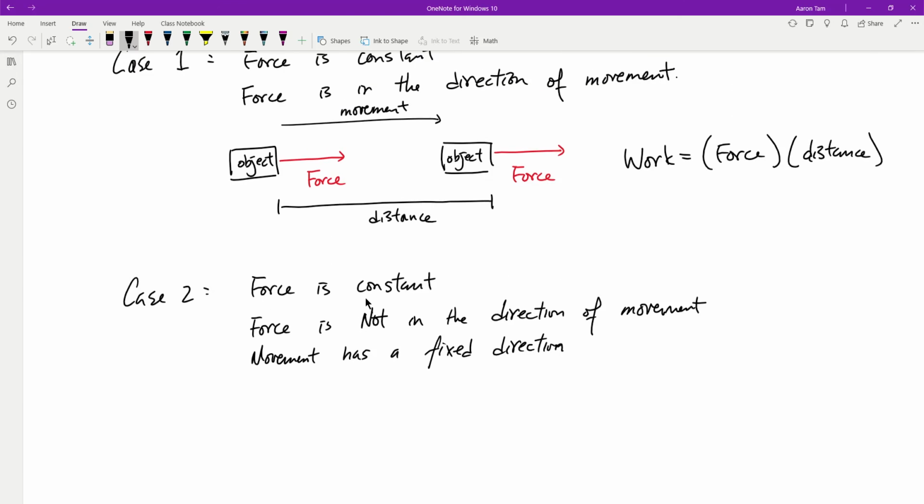So in this scenario right here, let's say I have an object, but it has a force that goes like this. And the object moves this way, and then sometime later, the object is over here.